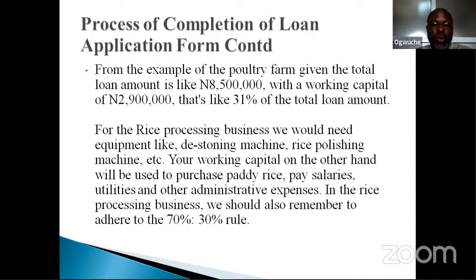These are the equipment you require for rice processing. Okay, your working capital, on the other hand, will be used for the purchase of paddy rice, pay salaries, utilities, and administrative costs. In rice processing business, we should also remember to adhere to the 70-30% rule. Okay, it's also important that we adhere to the 70-30% rule.